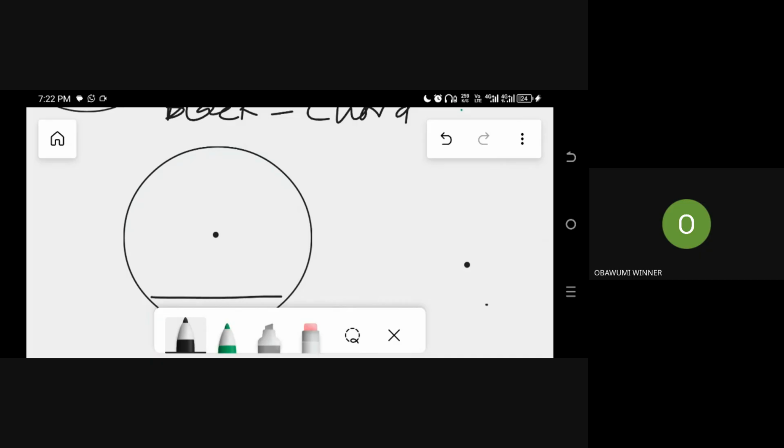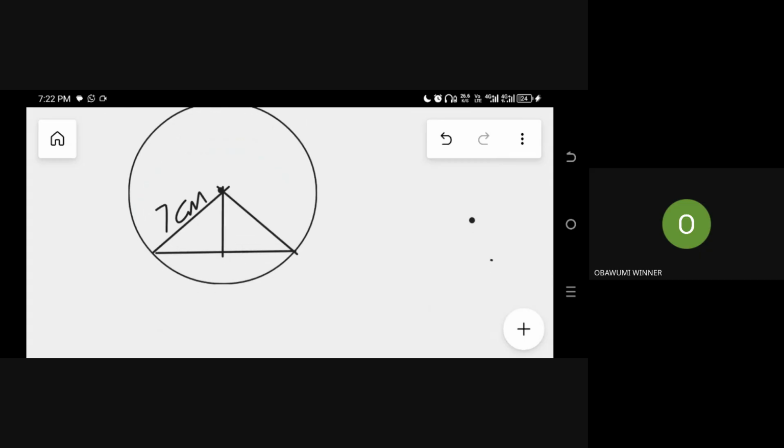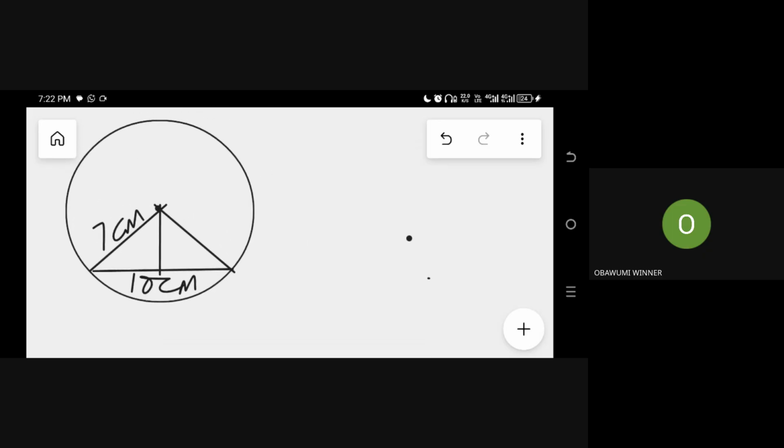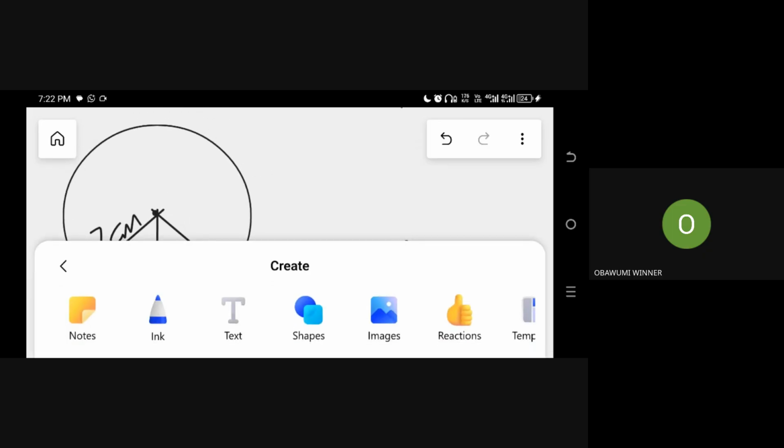So let's say this is the chord, this here. All right. Then let's say here at the radius we have 7 centimeters, and then at the bottom we're having 10 centimeters.